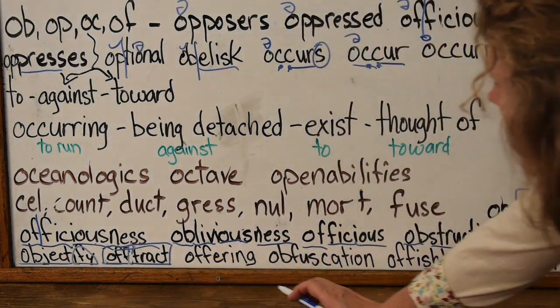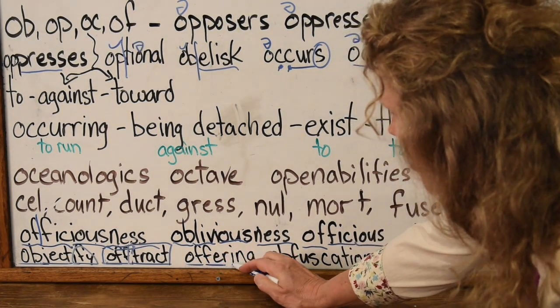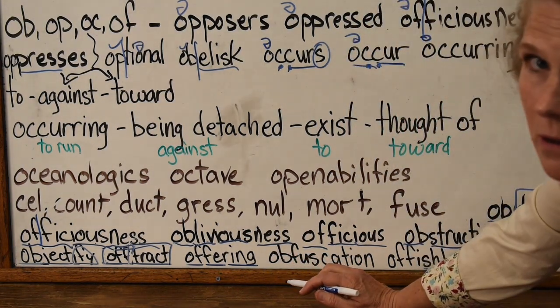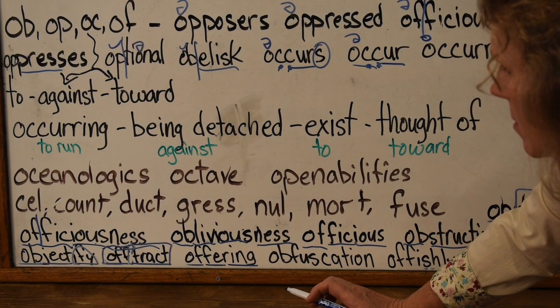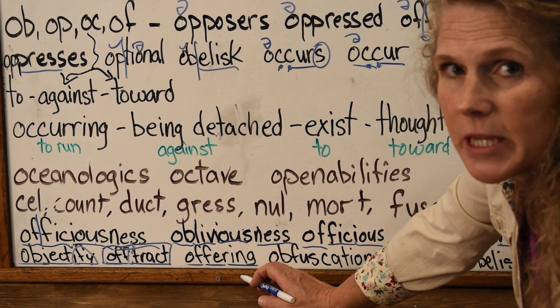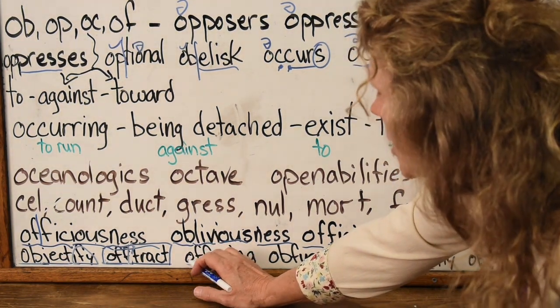All right? But look at this one. Offering. Oh. What happened there? Why isn't this doubled? Oh, because it doesn't need to be. Fer is one of those Latin roots that you have to be careful with. Can you hear it saying ah? It's saying its short sound.